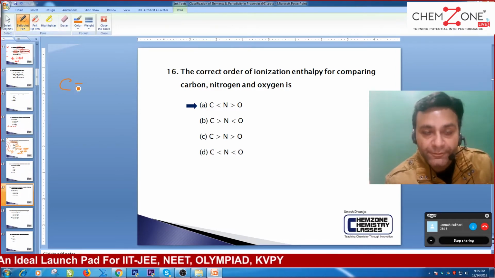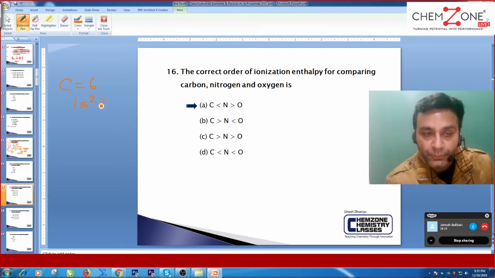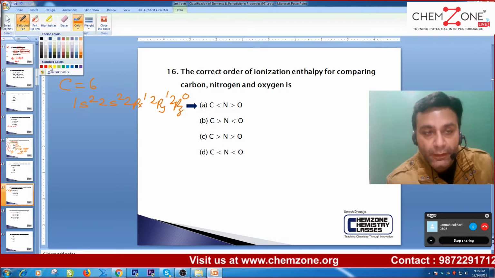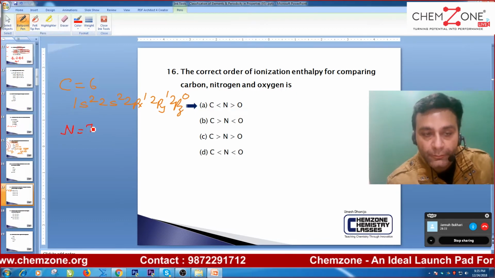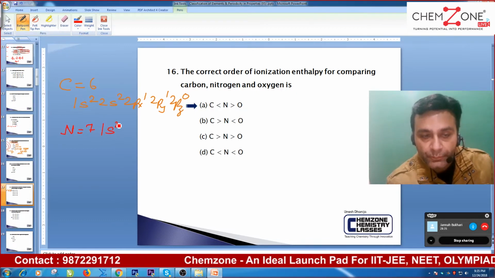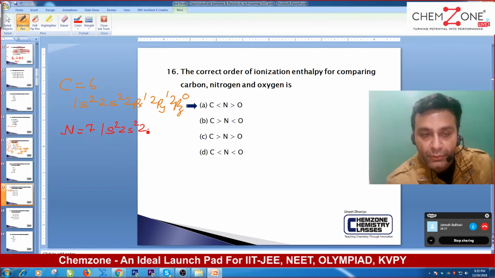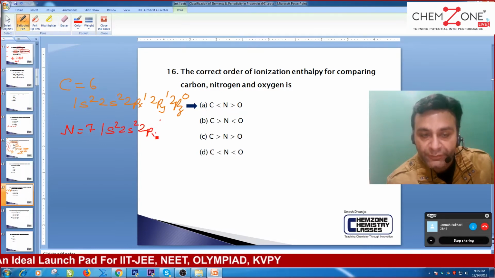Carbon, atomic number 6, electronic configuration 1s2, 2s2, 2px1 and 2py1, and 2pz is 0. And nitrogen, atomic number 7: 1s2, 2s2, 2px1, 2py1 and 2pz1.